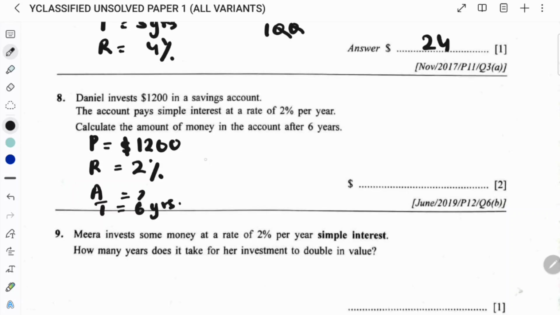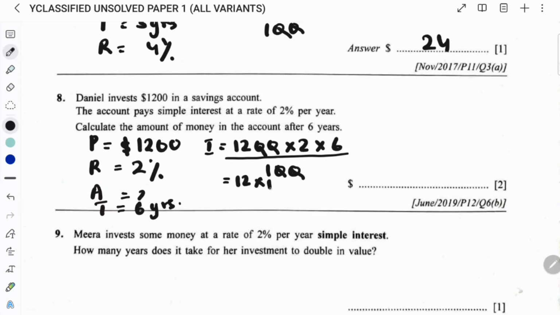Okay, so that is I equals to PRT. P is 1200, R is 2 and time period is 6, upon 100. Okay, now we are having 12 into 2 into 6. 12 twos are 24, 6 twos are 12 and 12 is over there. It's easy. So $144 is the interest.